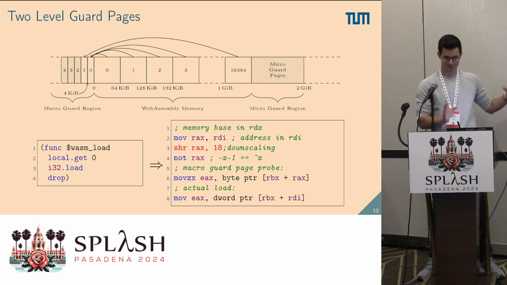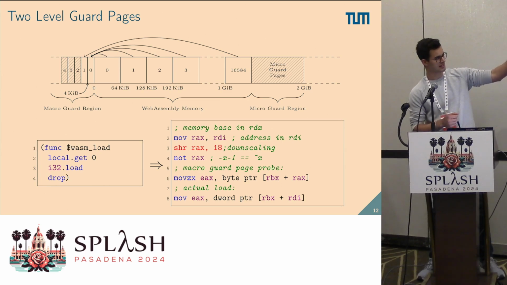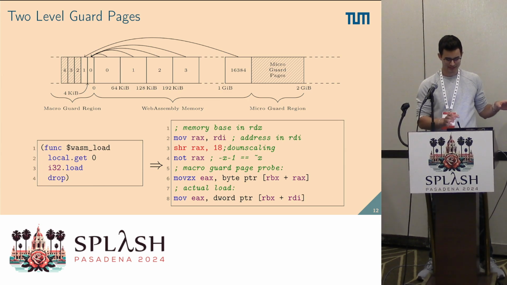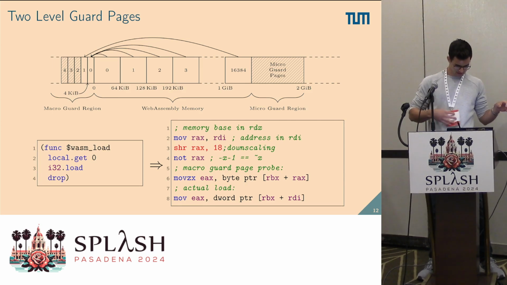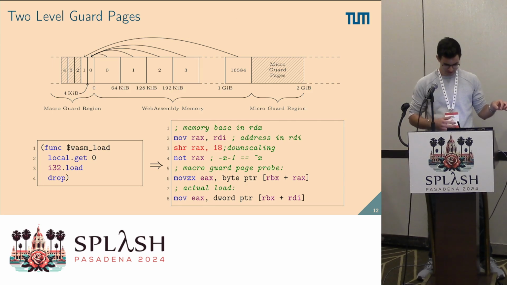It just protects the rest of our block, in this case the 1 gigabyte block, which is not yet allocated by WebAssembly. So again, in this example, you have 1 gigabyte plus 1 page of WebAssembly allocated, and the rest is not available to WebAssembly.